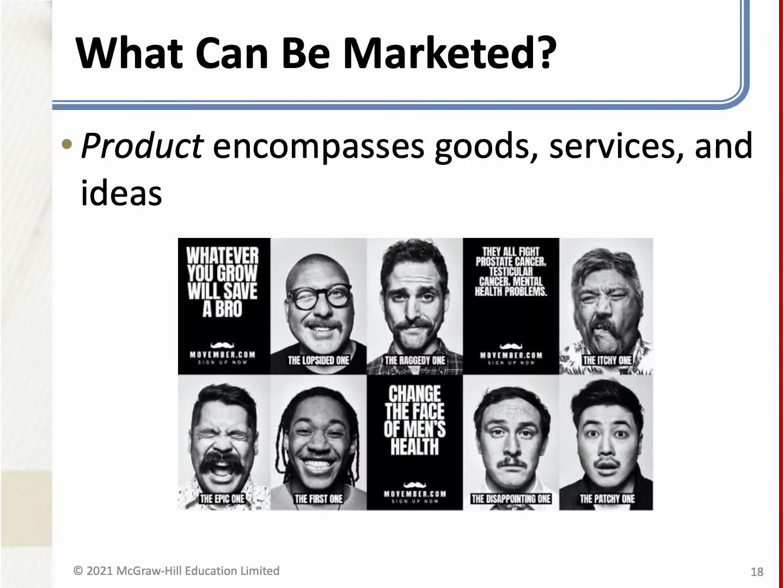So what can be marketed? Goods, services, and ideas all can be marketed. In marketing, we refer to these as products. And we'll explain, a product is basically a product that you can touch and own. An example would be running shoes or a bottle of water, anything tangible that you can touch or own.